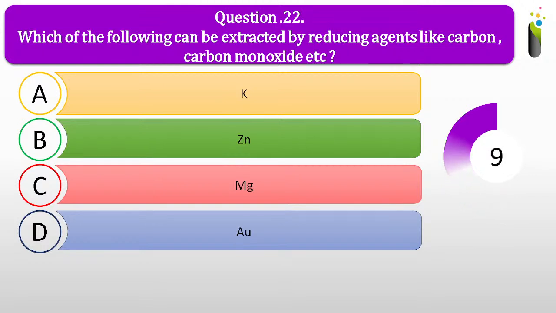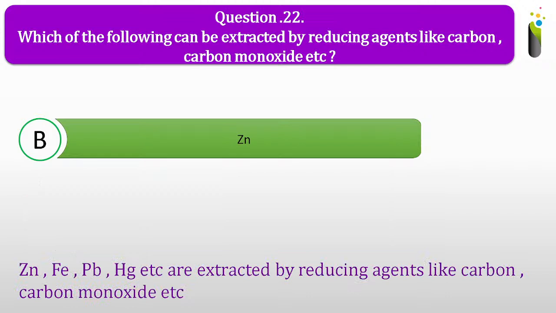And the correct answer for this question should be zinc. Zinc, iron, lead, and mercury are extracted by reducing agents like carbon, carbon monoxide, etc. So the correct answer for this question is zinc.